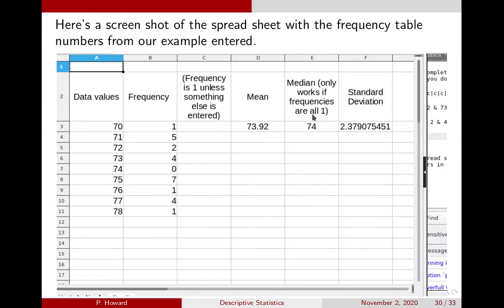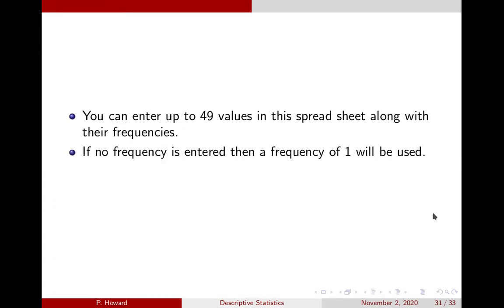I may get that fixed up so that it works for any frequencies, but at the moment it doesn't. You can enter up to 49 values in this spreadsheet along with their frequencies, and as I said, if no frequency is entered, then a frequency of 1 will be used.